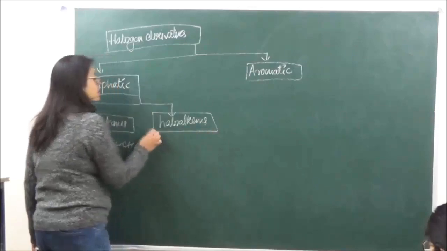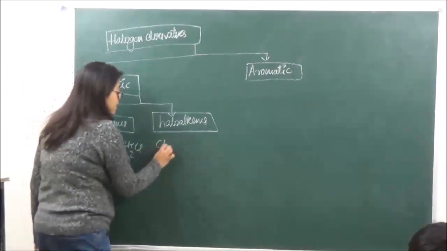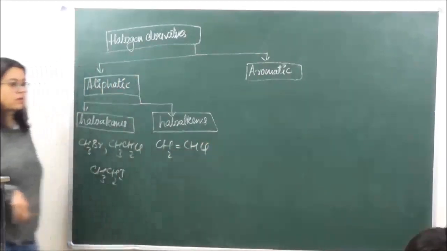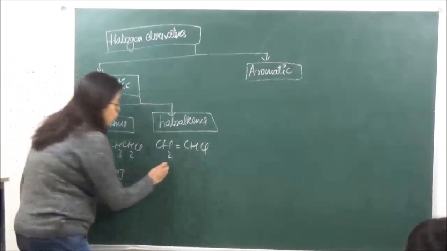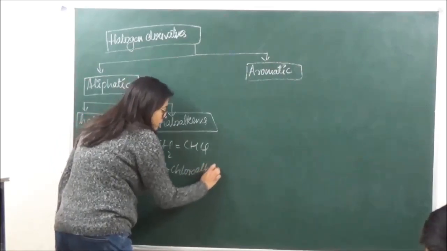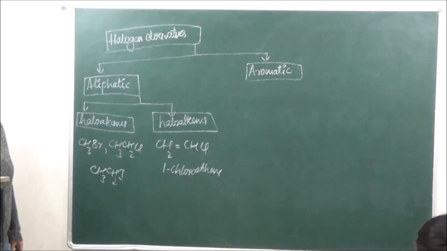Haloalkenes of the type which has a carbon-carbon double bond. Okay, so this is going to be known as 1-chloroethene, right?